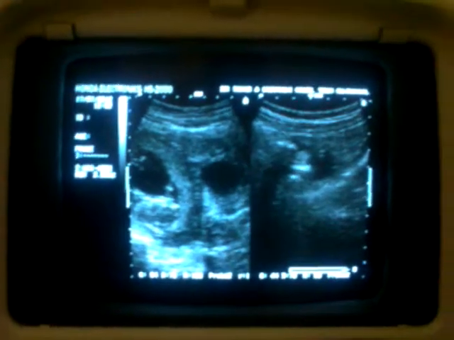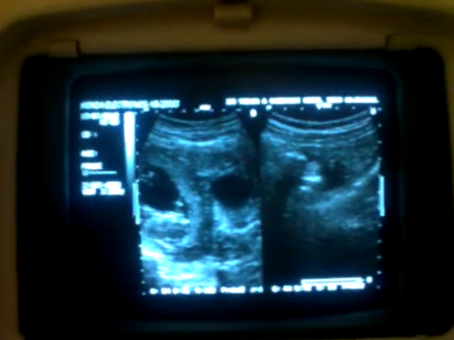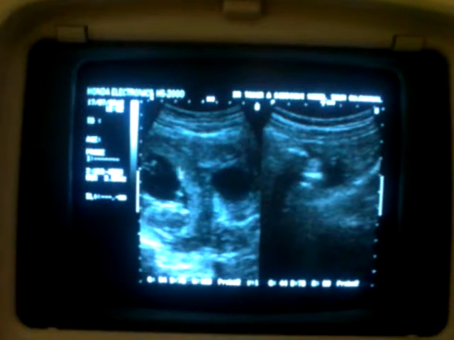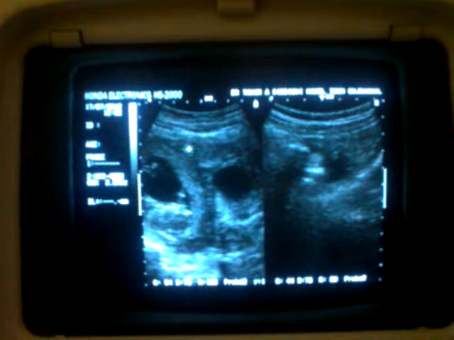So this is a case study, an interesting one, of a triplet in a subseptate uterus.